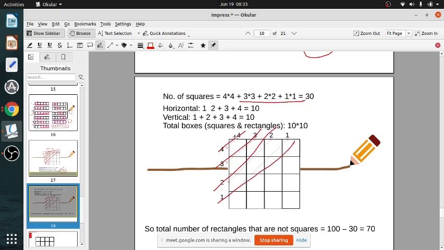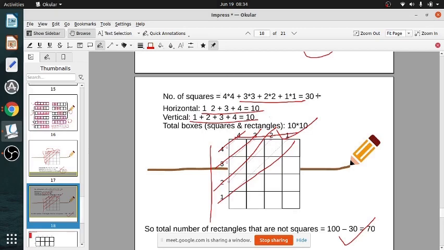For rectangles, what do you do? Add horizontally, you get 10. Add vertically, you get 10. So 10 into 10, 100. That includes squares and rectangles. If you are asked for rectangles which are not squares, you subtract 100 minus 30, that is 70, because there is no way to calculate directly.